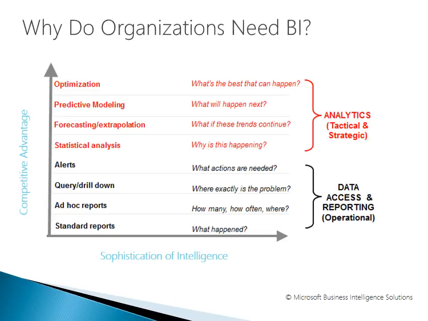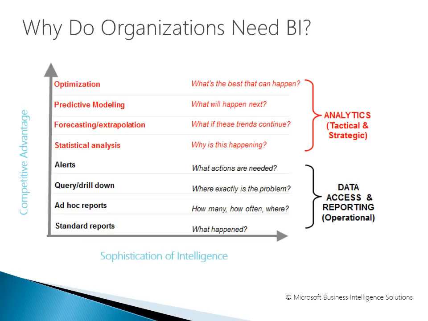Drawing from statistical analytics techniques, we can start to ask the question of why something has happened. If we continue to grow on top of that, we can start to do forecasting and extrapolation. What would happen if these trends continue to evolve? Beyond that, now we're talking about predictive modeling. What will happen next in a set of circumstances?